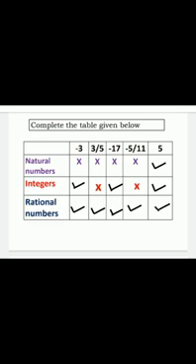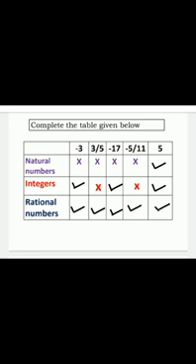Let's see this table. The numbers that are given to you here and the 3 columns that are made are natural numbers, integers and rational numbers. Now looking at those numbers, that is minus 3, 3 upon 5, minus 17, minus 5 upon 11, 5. You are going to take the natural numbers in the column of natural numbers. Which is your natural number there? Yes, it's 5.